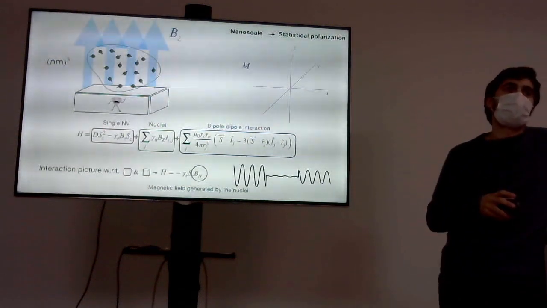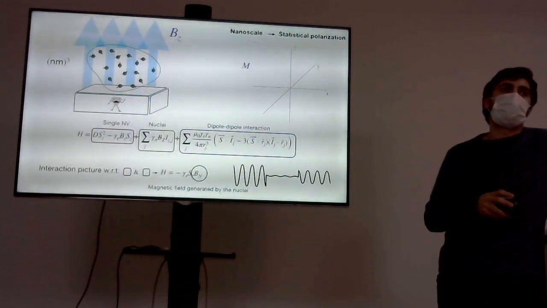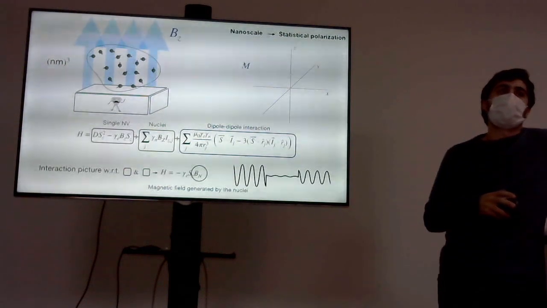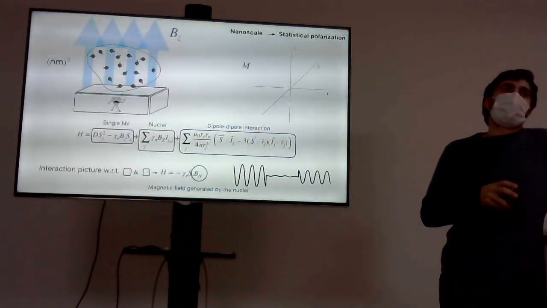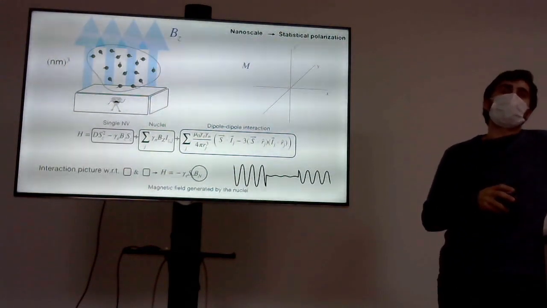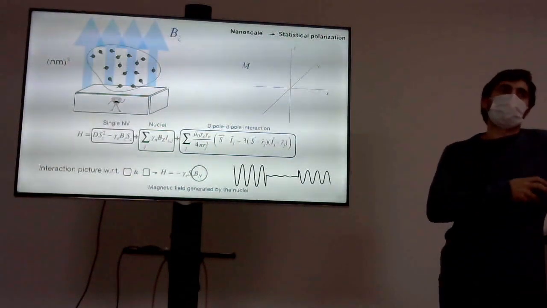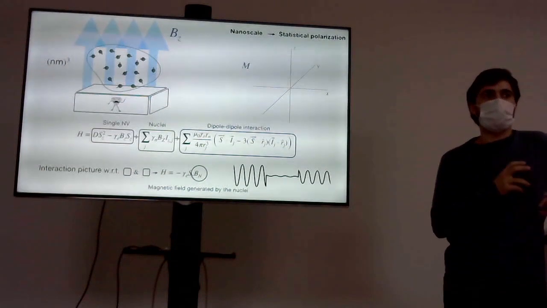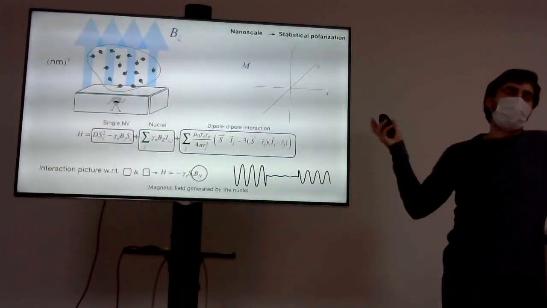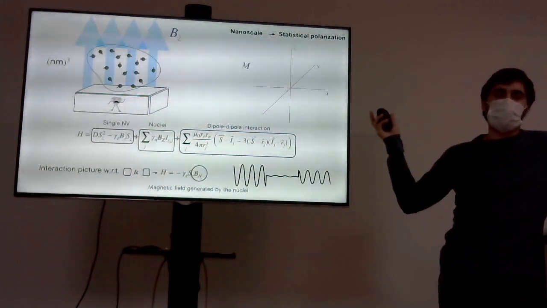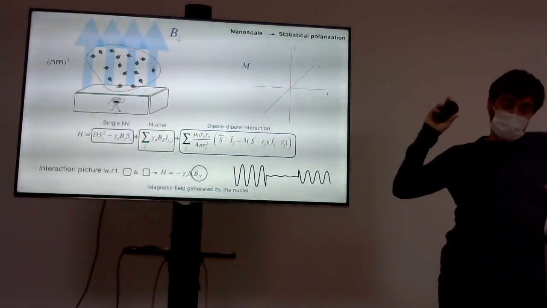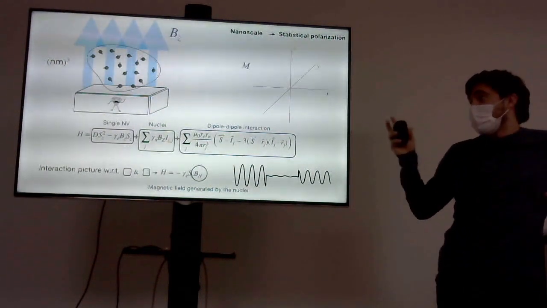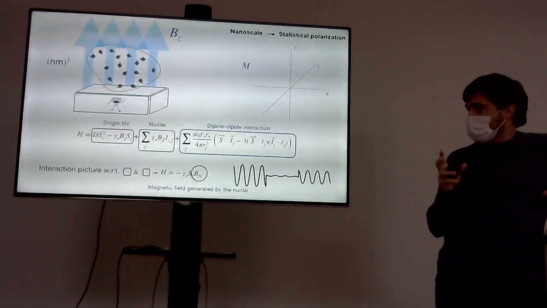Yep. And why does it fluctuate after some time? It's as a result of the statistical polarization? Yeah, let's say it's due to the internal dynamics of the sample. Spin relaxations. This picture is quite naive.